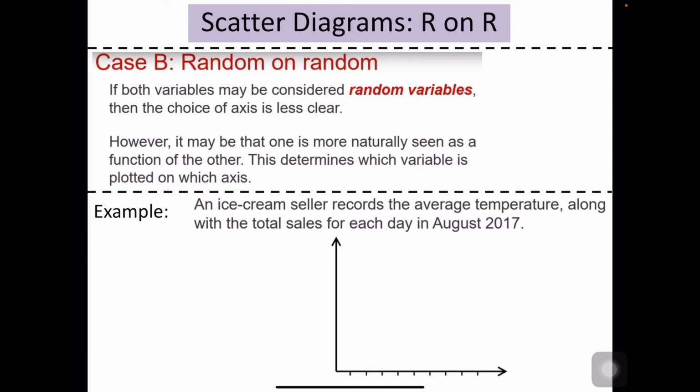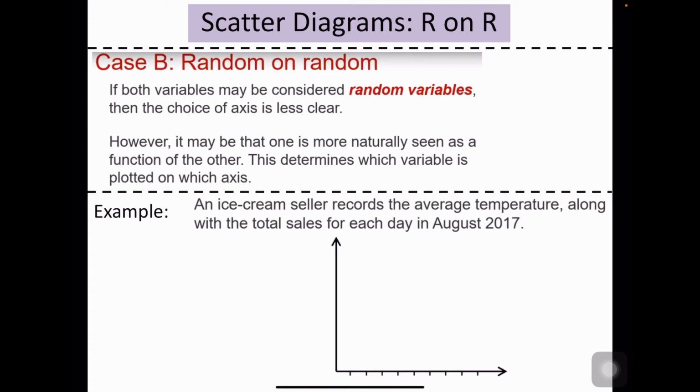An ice cream seller records the average temperature along with the total sales for each day in August 2017. So in this example, what is a function of the other? In other words, which one affects the other?